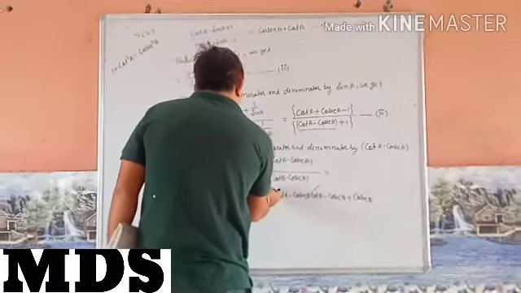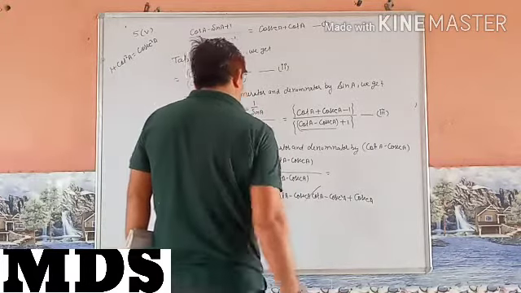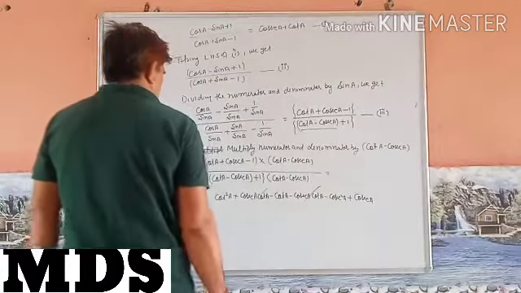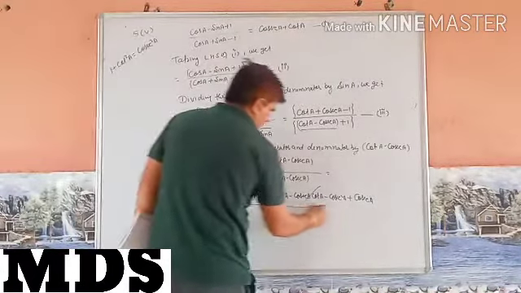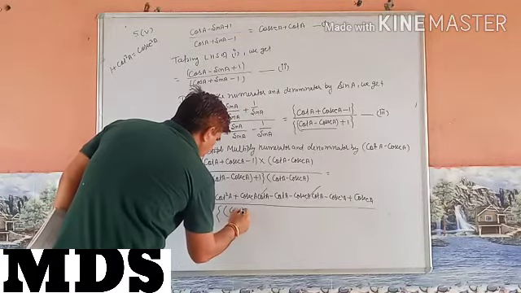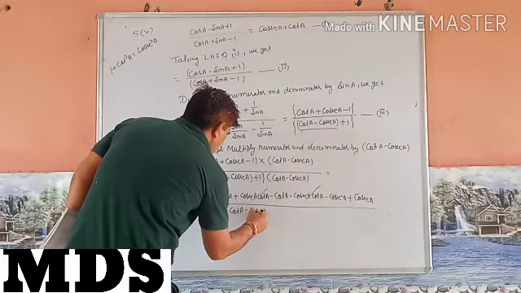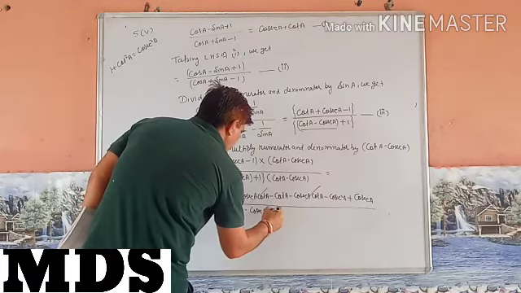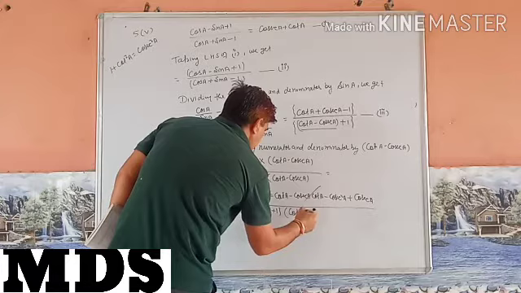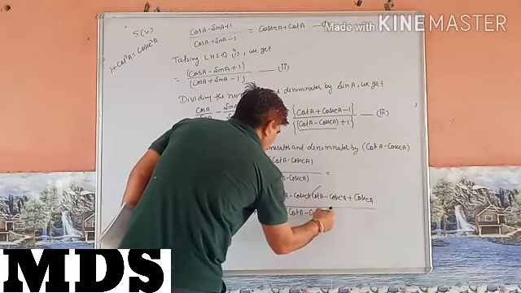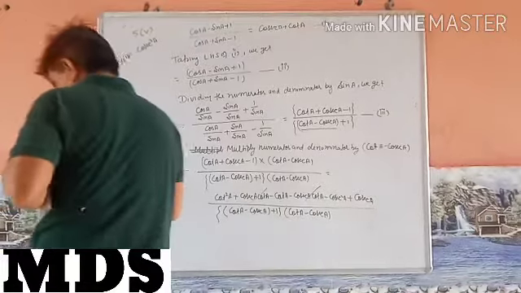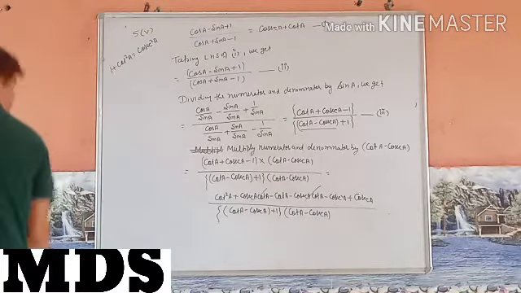This cancels this, or not? Downside, as it is you have to write cotangent A cosecant A plus 1, cotangent A minus cosecant A. Understood this? I think no problem.